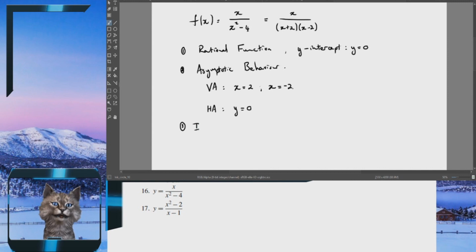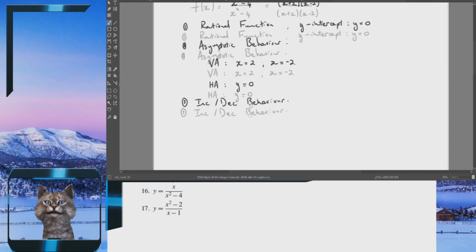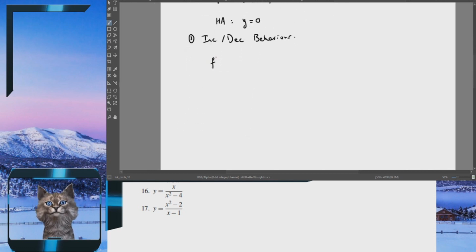Now in step 3, I'm looking at increasing and decreasing behavior, where I need to find the derivative. So I'll look at this first version of the function and use the quotient rule.